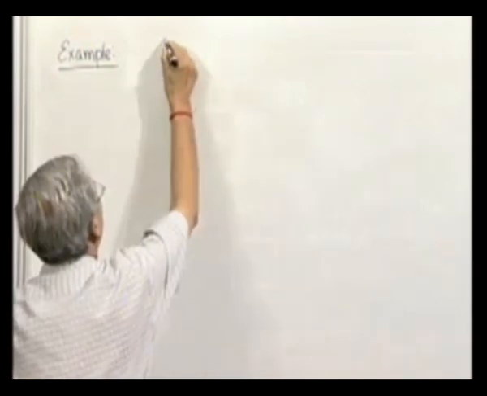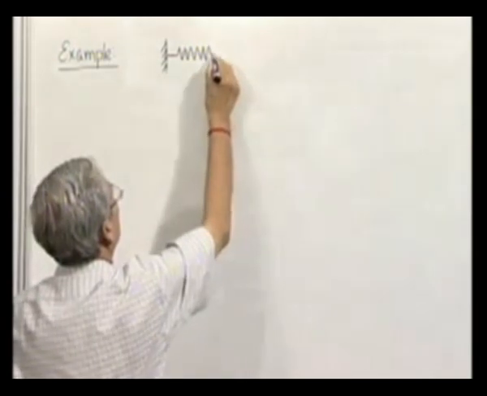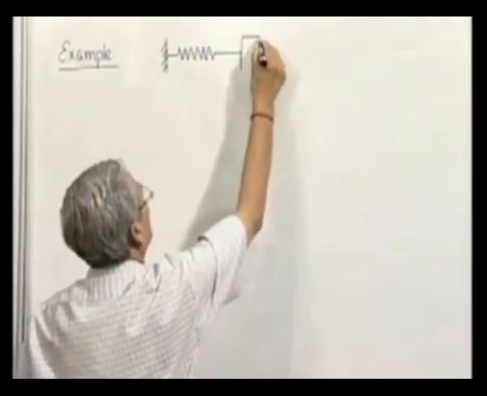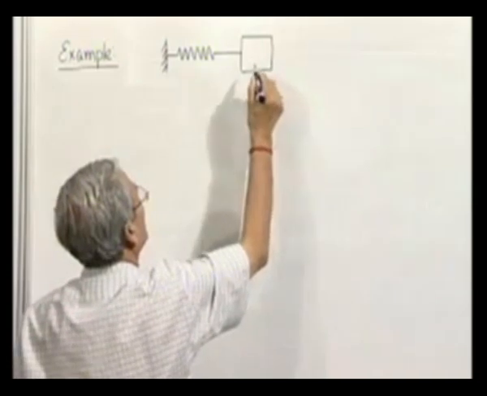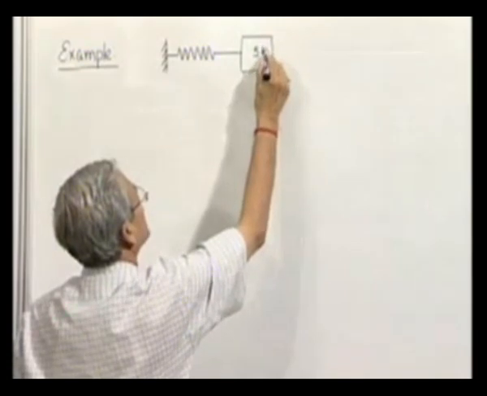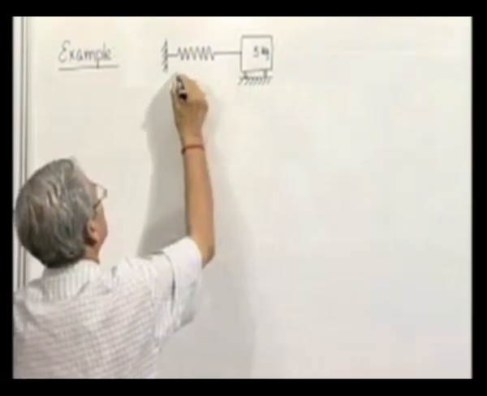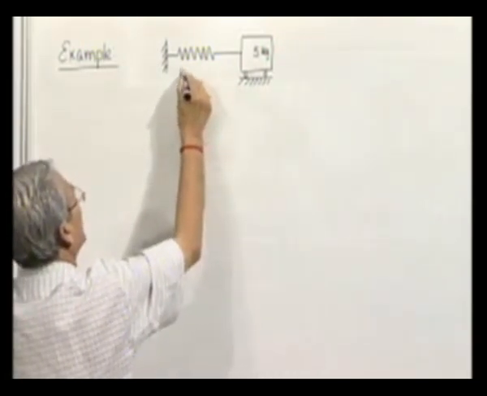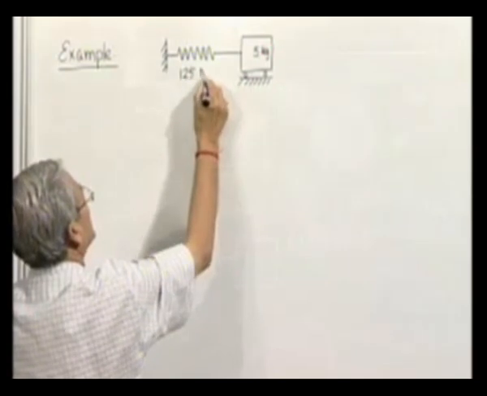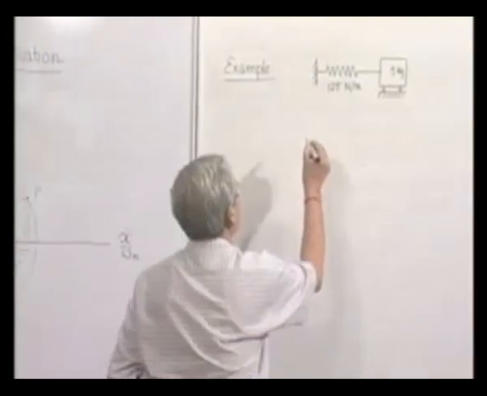Let a system have a 5 kilogram mass, and 125 Newton per meter, just a hypothetical case, is the stiffness.